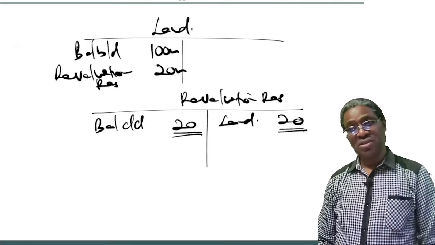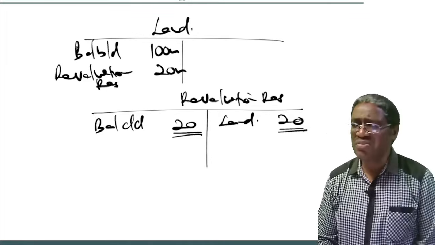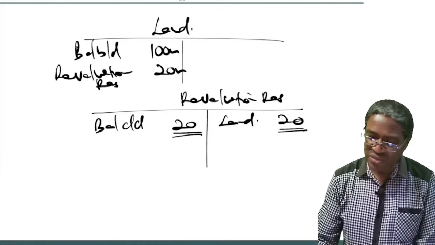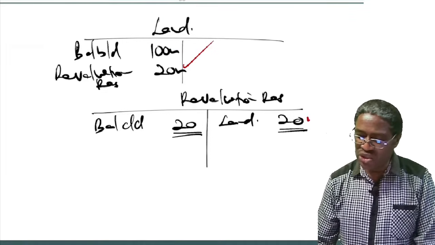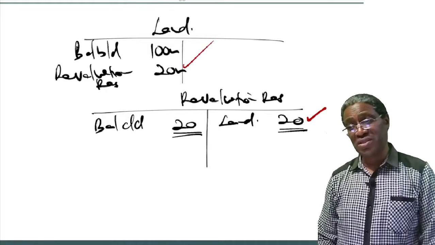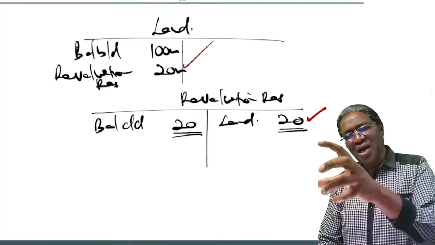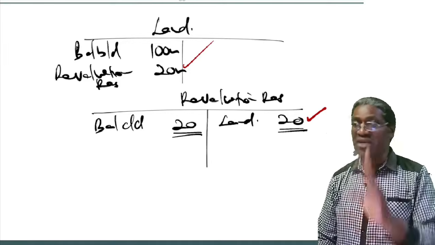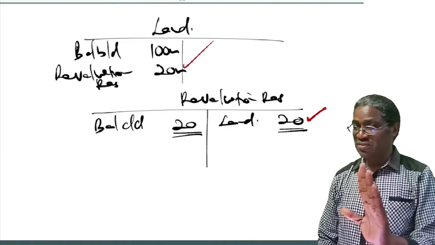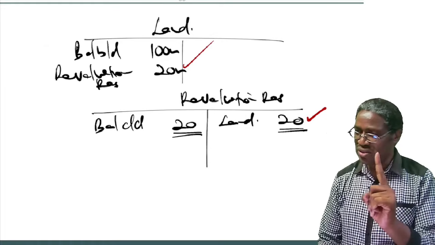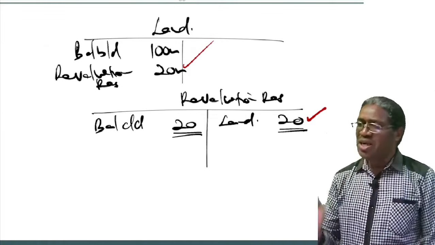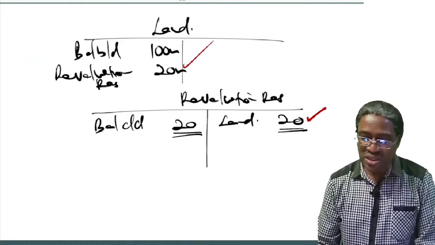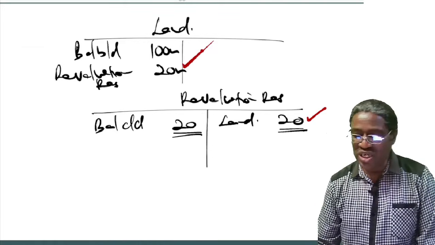Now listen. When you revalued this land by 20 million, you debited the land by 20 million and credited revaluation reserve by 20 million. Is that a non-cash item? Yes. But the rule of accounting did not say that you debit the asset and you credit P&L.